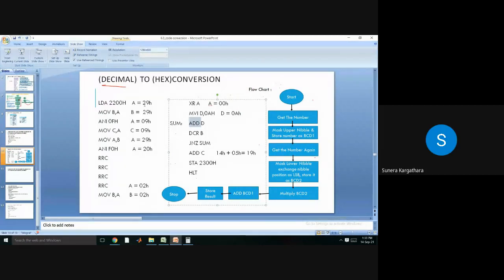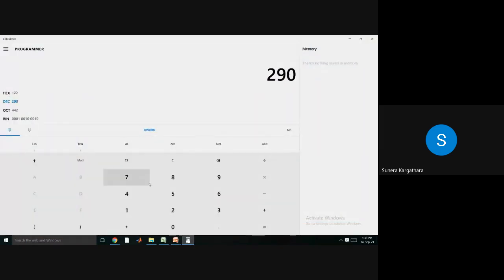Yes, the higher nibble is my count, and here my higher nibble is 2. So I'll add it 2 times. So 0a plus 0a, which is nothing but 14 in decimal.